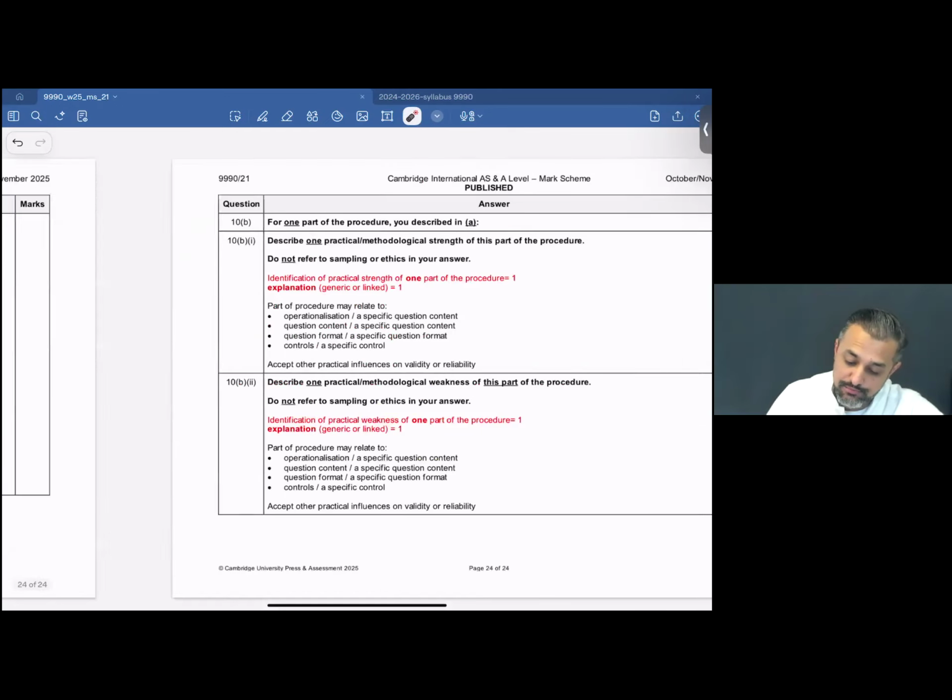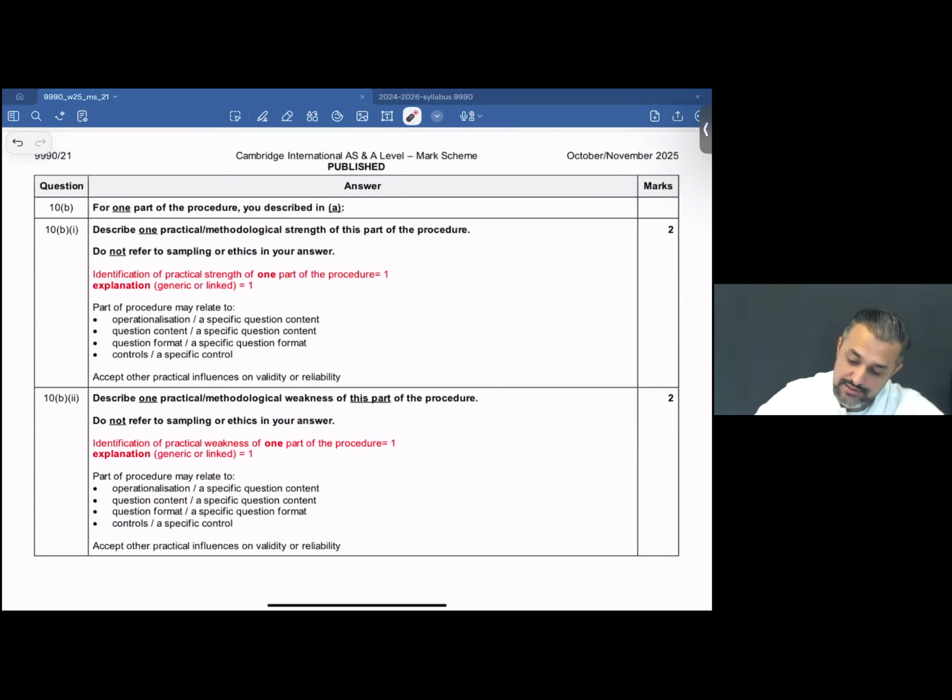So this particular question is divided into two parts, and the first part is of 10 marks and the second part is of 4 marks, and it is always like this, keeping the current paper structure in mind. For one part of the procedure you described in A, describe one practical or methodological strength of this part of the procedure, and you have special instructions of not referring to sampling or ethics in your answer. And describe one practical or methodological weakness of this part of the procedure.